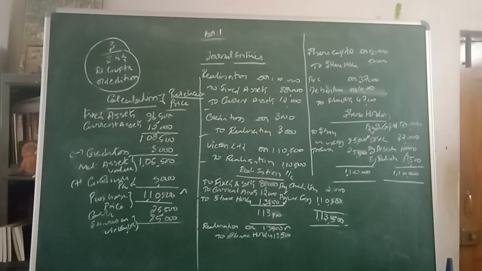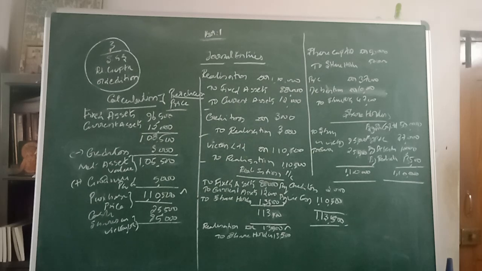Then the next one: we have transferred certain items to realization. Now we have to ascertain the effect of realization. We calculate this by preparing the realization account, to find the final balance, that is, a profit or loss. In this case, we got 13,500 as the balancing figure in the realization account: creditors and realization amount on the credit side, minus fixed assets and current assets on the debit side.